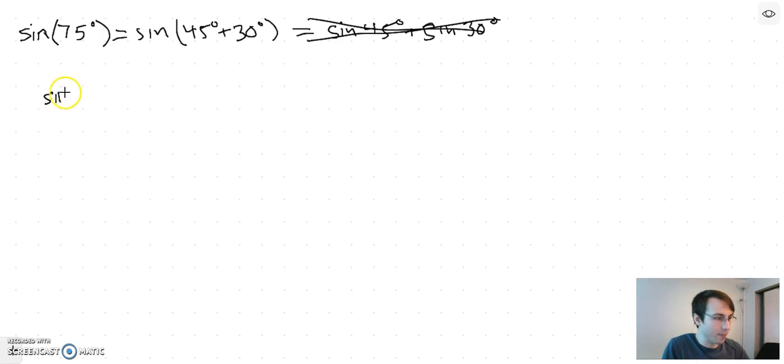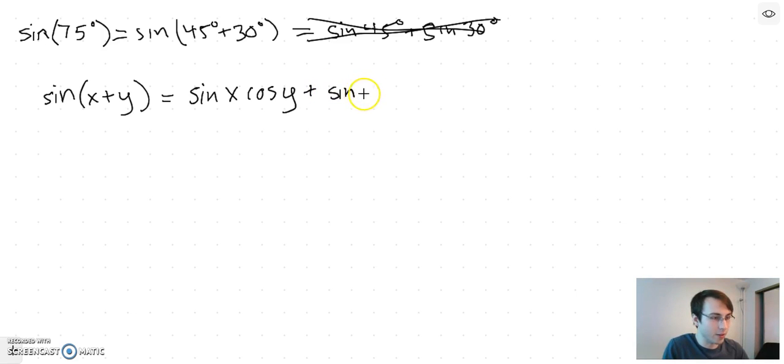Let's just say sine of x plus y is equal to sine x cos y plus sine y cos x. I'm just going to list out all the angle addition formulas for all the trig functions.